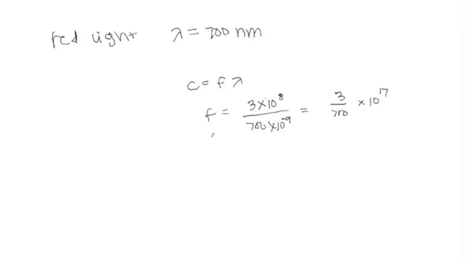So that's your frequency, and then your period is just 1 over your frequency, right? So your period would be 700 over 3 times 10 to the negative 17 seconds. Okay, good. Yeah, you're right.